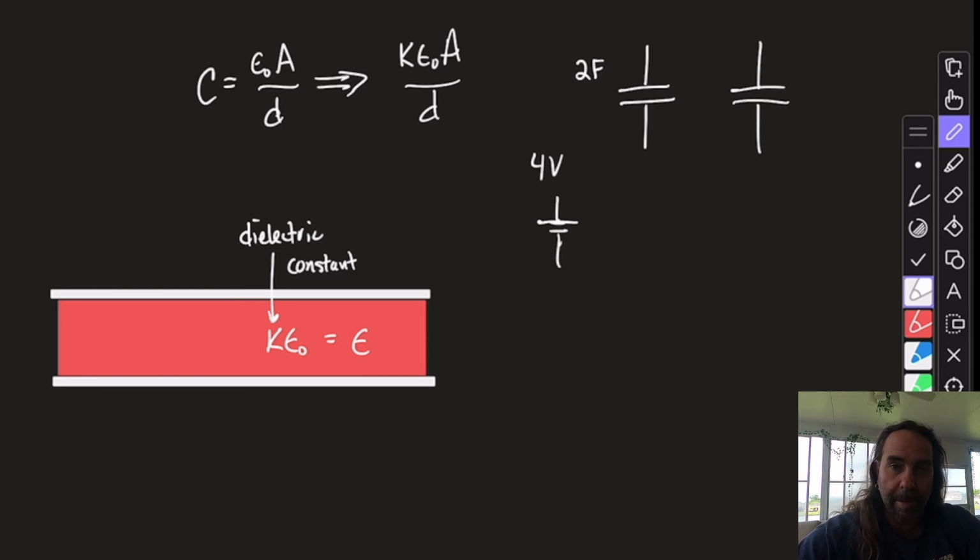Try the series circuit, and let's say you have a slab of dielectric material with a dielectric constant of 3. Put it together, make a series circuit, find all the charges, find all the potentials, and then add the dielectric. We're going to pick this up the next time we hang out.